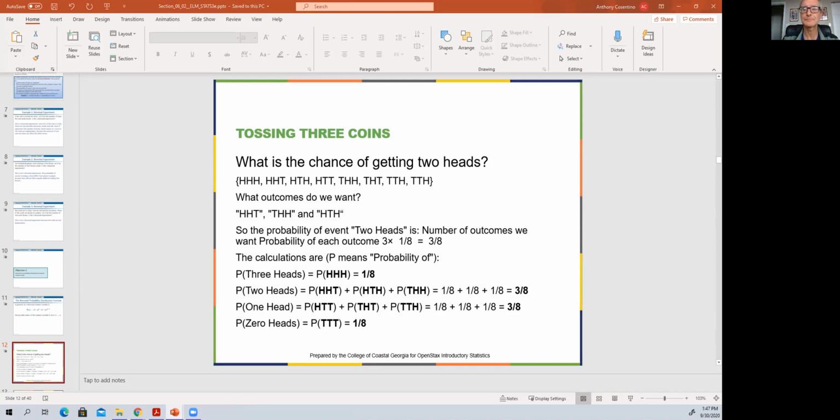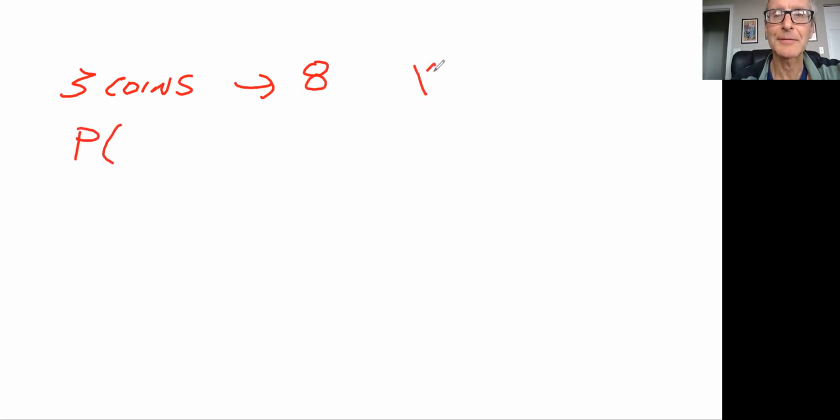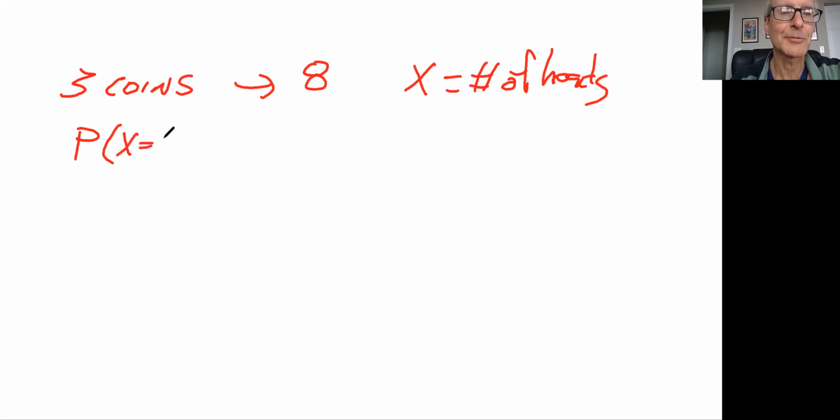When you flip 3 coins, there's 8 possibilities. So what is the probability of X, the number of heads? What is the probability of X equal 0 heads? That would be the one with 3 tails, right?